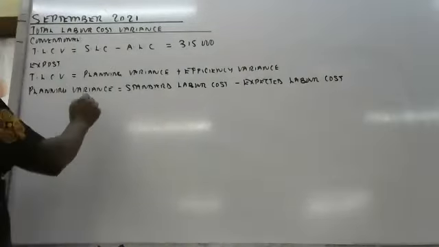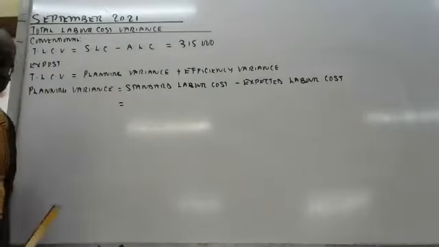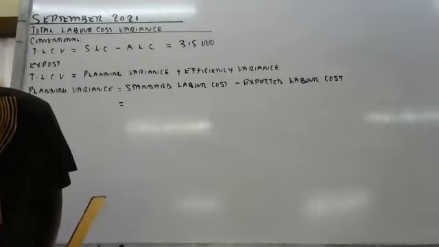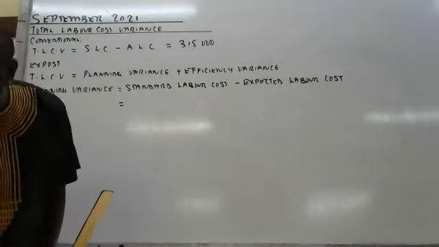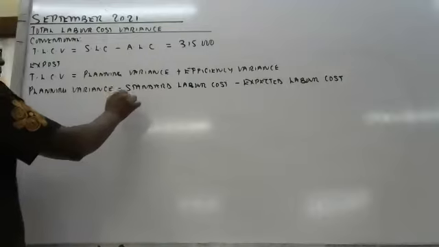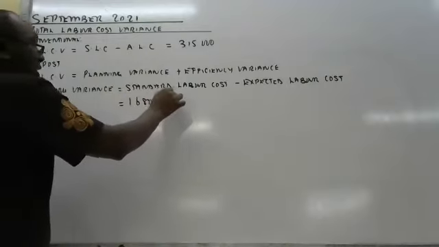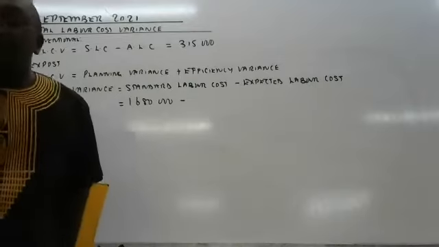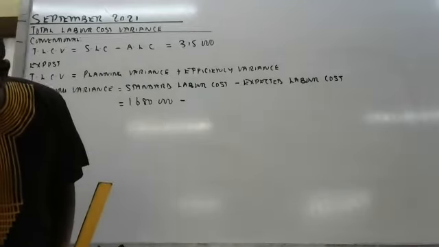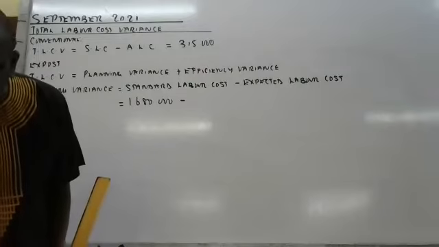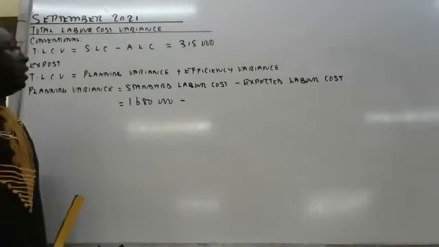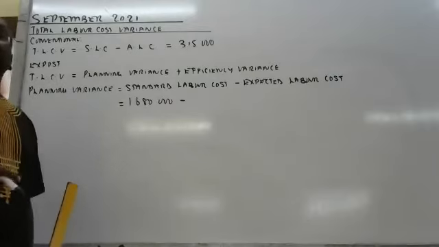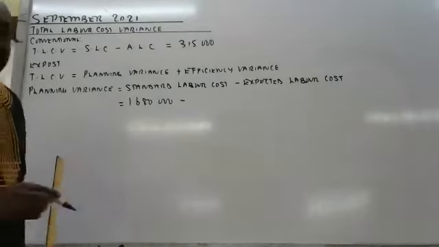So according to our question, the expected, rather the standard is 1680. Remember, the other word for standard is expected. Then, when we come now to the expected, we will argue this.